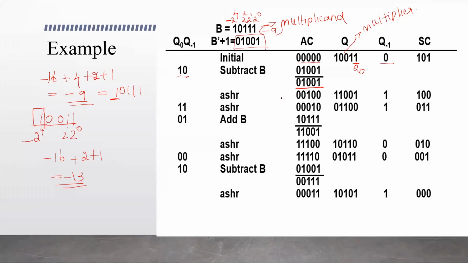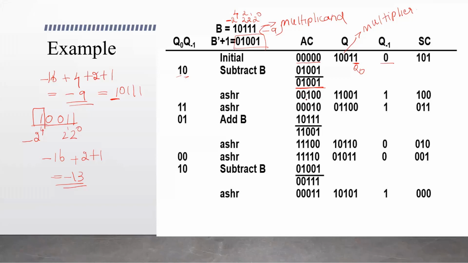So when we shift right here, the condition is the sign bit. This is the sign bit, so that remains the same. We will not change it. Actually, Q minus 1 is kept here. Q minus 1 is shifted, but we just keep the sign bit as it is. The sign bit will not change. That is a condition we follow here. So sign bit is 0, and then the other bits are moved one position right.